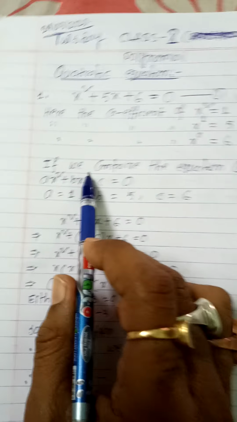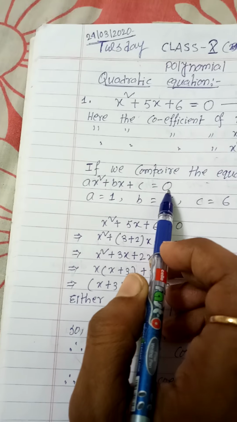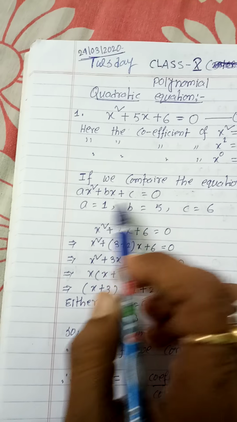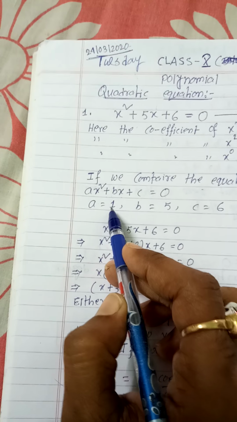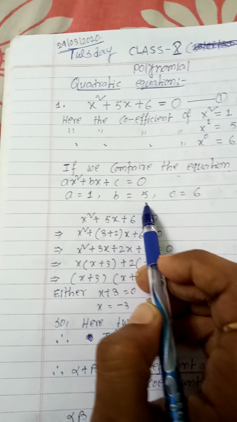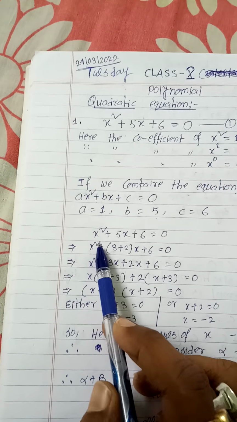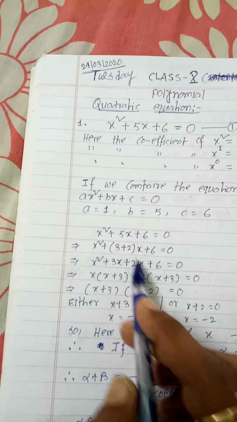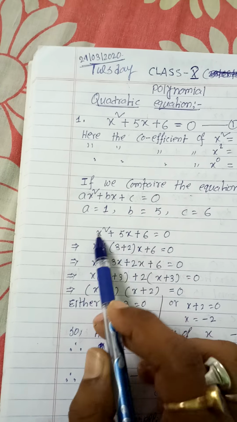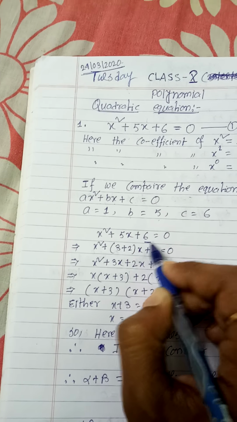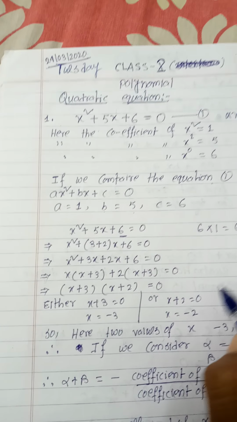If we compare the equation with ax square plus bx plus c equal to 0, here ax square is only x square, so a equal to 1, similarly b equal to 5 and c equal to 6. Now we solve this equation by the middle term factor method. Here the last number is 6 and a is 1, so 6 into 1 equals 6.